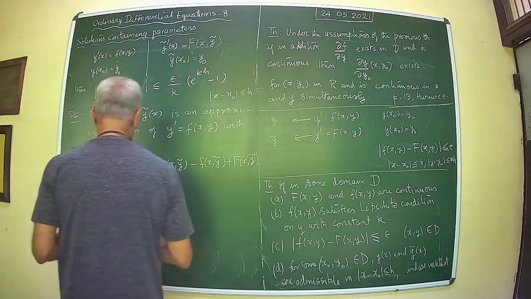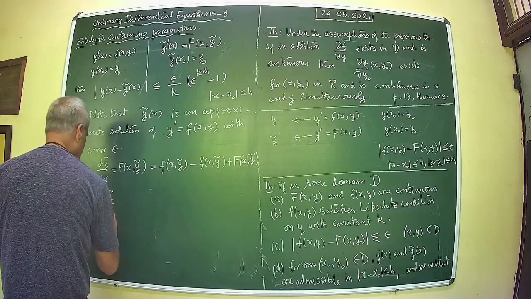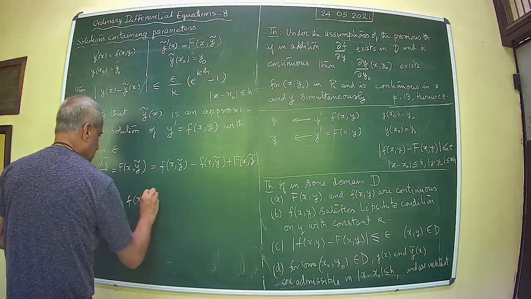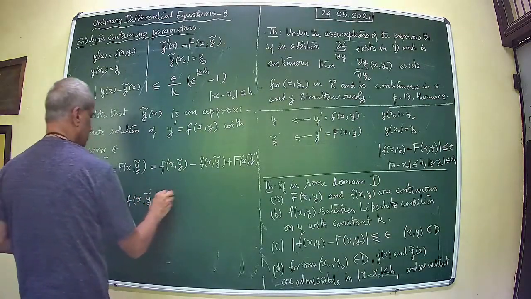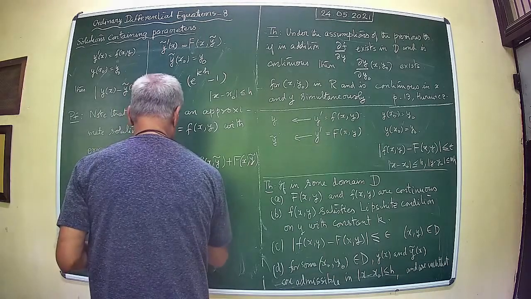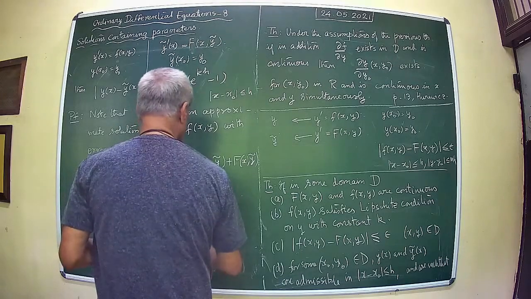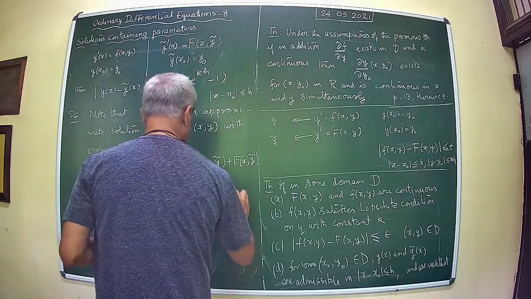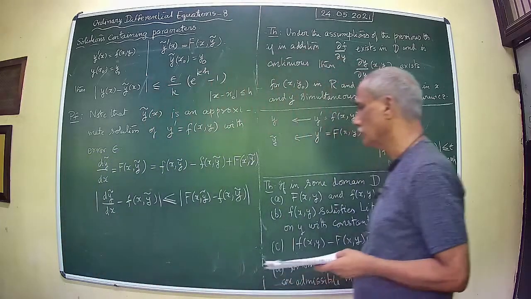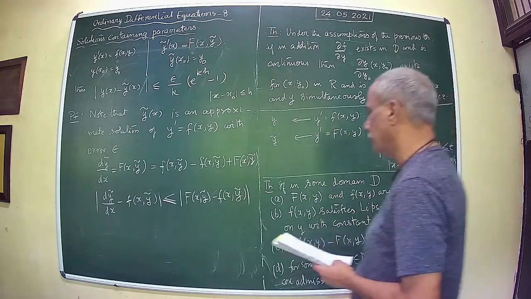You get this. But we are assuming that this is less than or equal to epsilon for every x, y belonging to this.